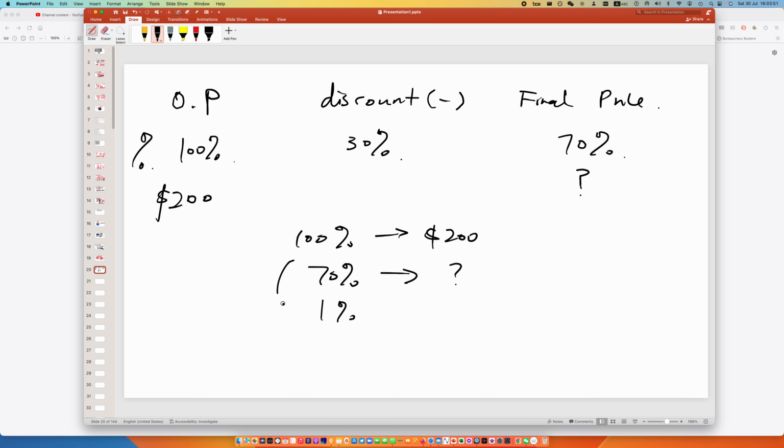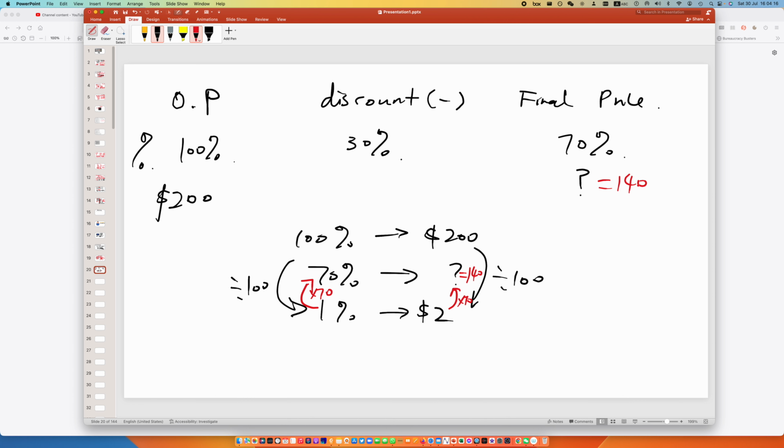So you divide by 100, from 100 to 1, and this one you also divide by 100. This gives you 1% equals $2. Then from 1% to 70% is times 70, so your $2 also times 70. Therefore your question mark is $140.